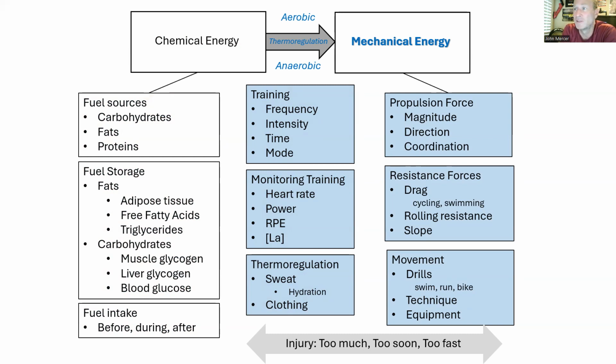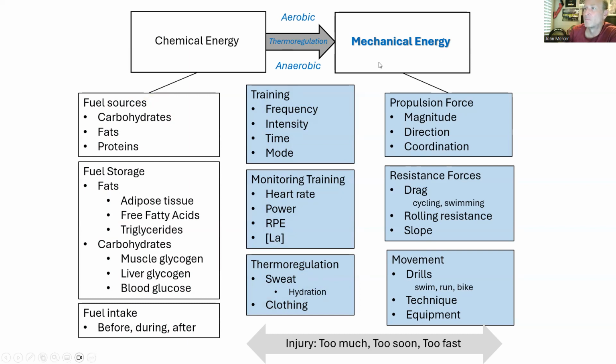And we may actually generate too much muscle force from both agonist and antagonist, and actually be less effective at ultimately generating a propulsive force, which will work back into that efficiency of mechanical energy. So if we have bad running form, or we don't swim very well, this ability to take chemical energy to mechanical energy, the efficiency is reduced even further.